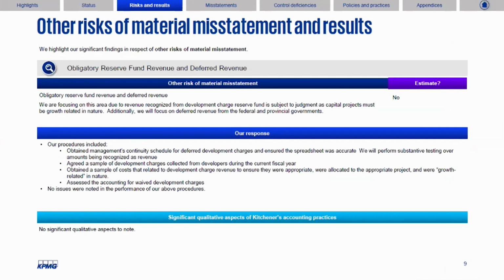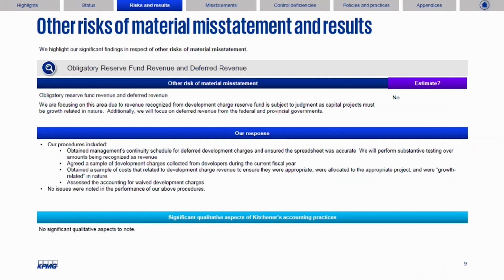On this page, I'll discuss the obligatory reserve fund revenue and deferred revenue. This is an area of focus because revenue recognized from development charge reserve funds is subject to judgment, as capital projects must be growth related in nature. The accounting for development charges is complex, and there's an added layer of complexity now since developers can delay payment.